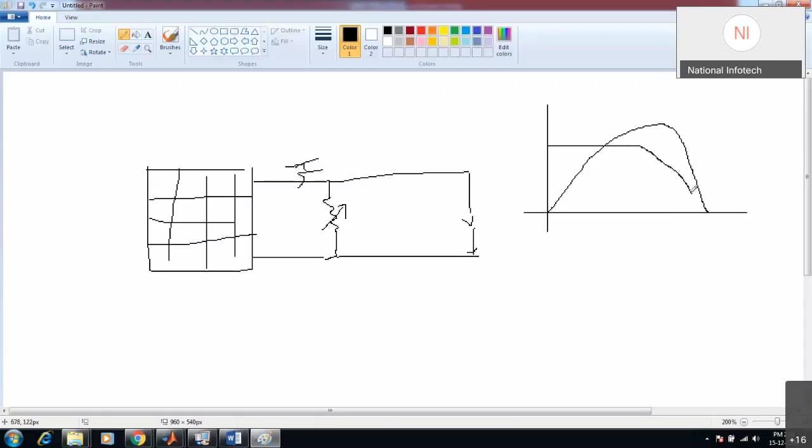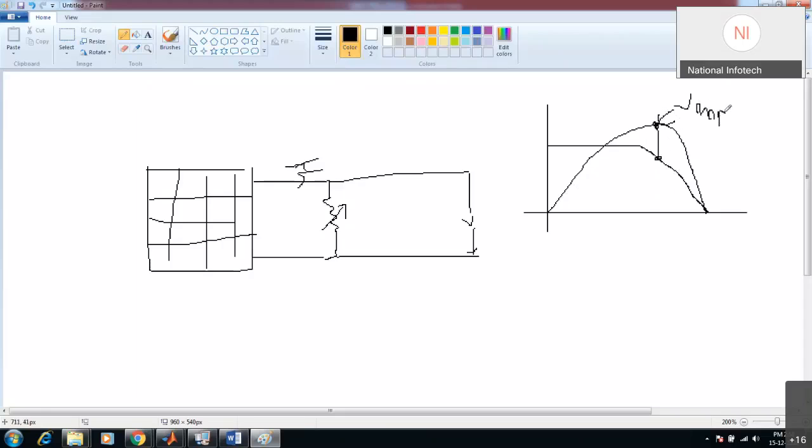The current will be maximum at the short circuit, when your resistance is zero. When you vary this resistance, this current will decrease. At this point you will get the maximum power, not maximum voltage. Whatever the voltage is at this point will be denoted as your VMP, the maximum power point voltage.